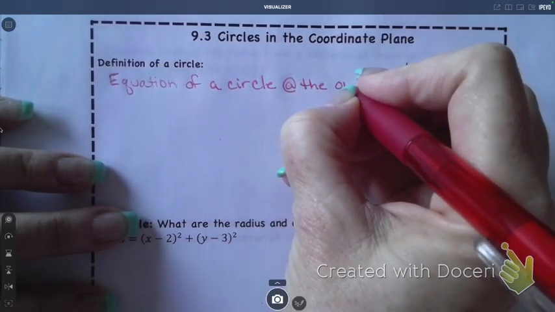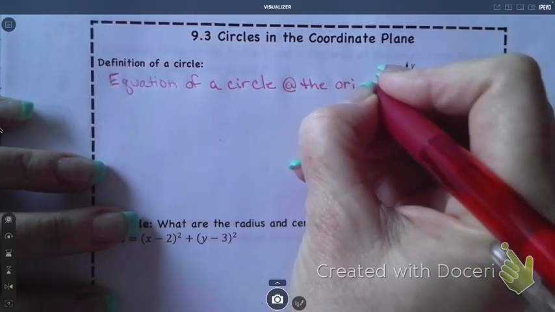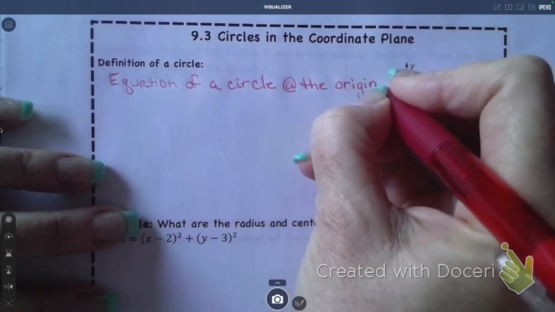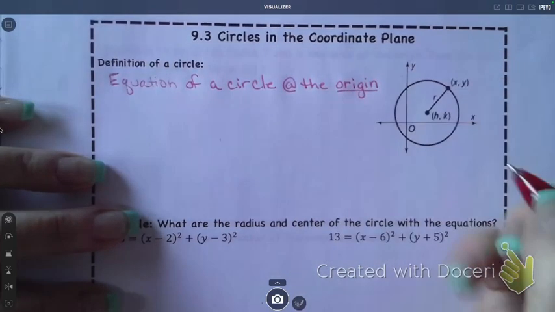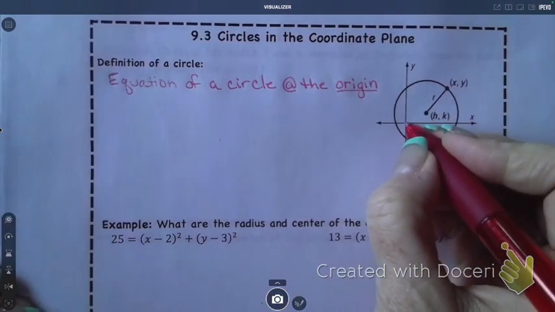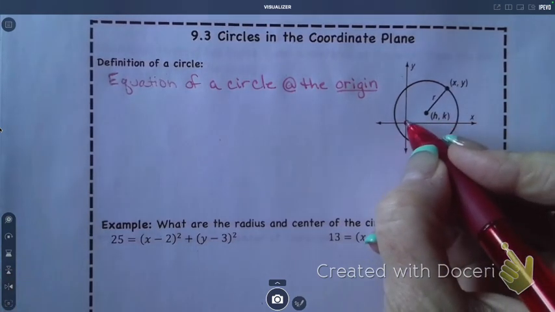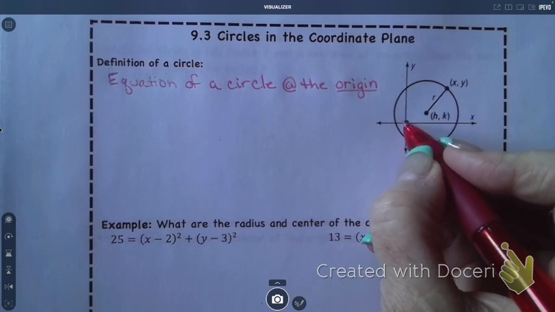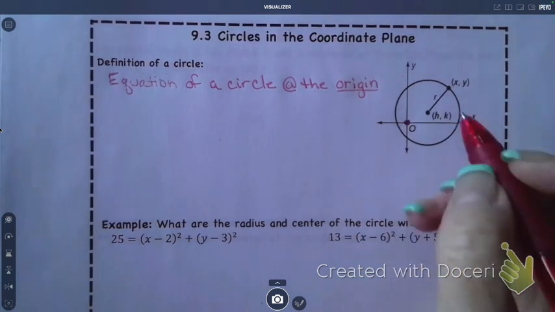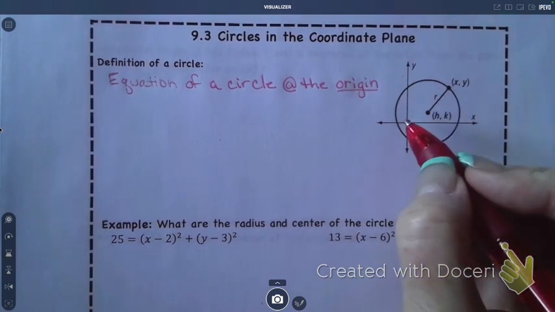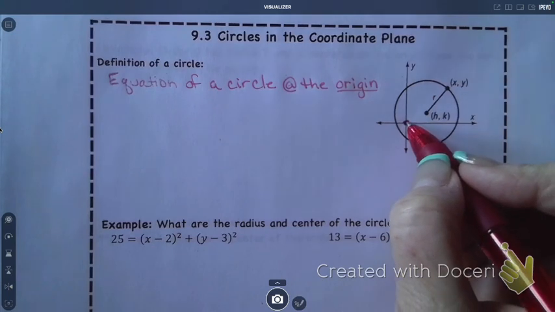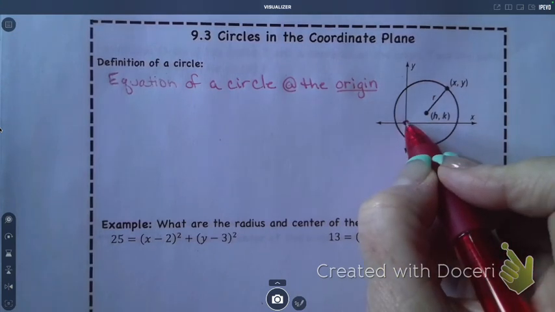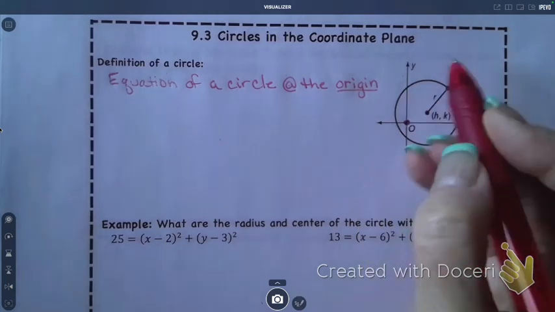Now, we've talked about origin before. I'm going to remind you, what is the origin? Where would you describe this point on this graph? Here's the graph.